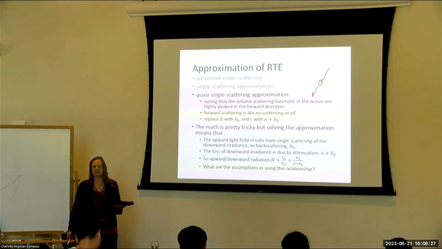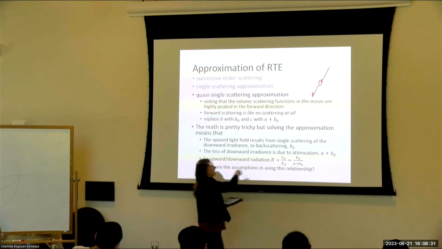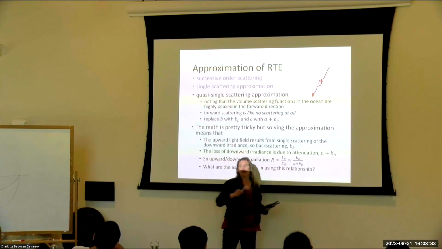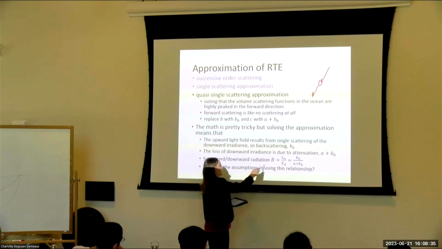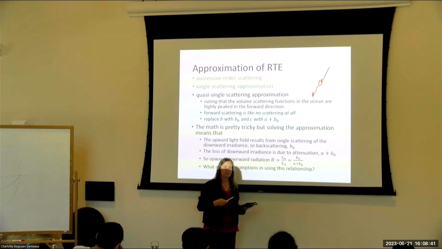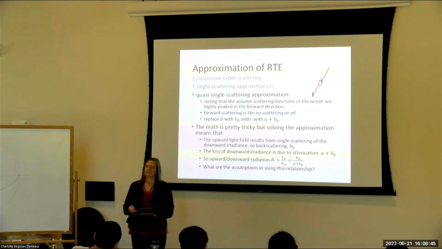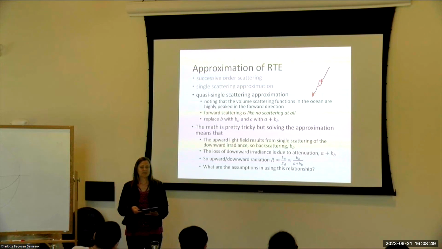You'll see some papers in the literature where that was done and not done correctly. But that is the type of approximation that gets you relating radiometric measurements used to calculate an apparent optical property to IOPs. So now you've done it twice. Congratulations.